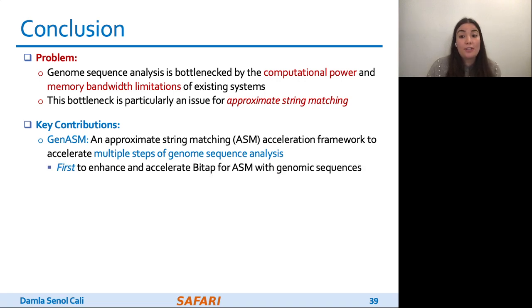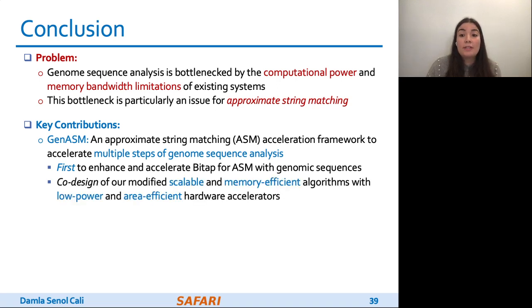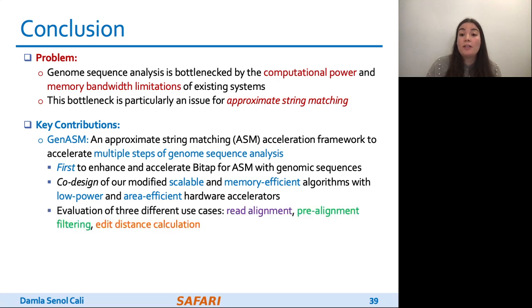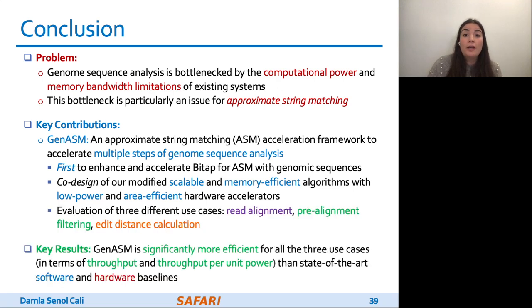GenASM is the first work that enhances and accelerates BitAP for ASM with genomic sequences. In GenASM, we co-design our modified, scalable, and memory-efficient algorithms with low power and area-efficient hardware accelerators. We evaluate 3 different use cases and show that GenASM is significantly more efficient for all 3 use cases in terms of both throughput and throughput per unit power than state-of-the-art software and hardware baselines.